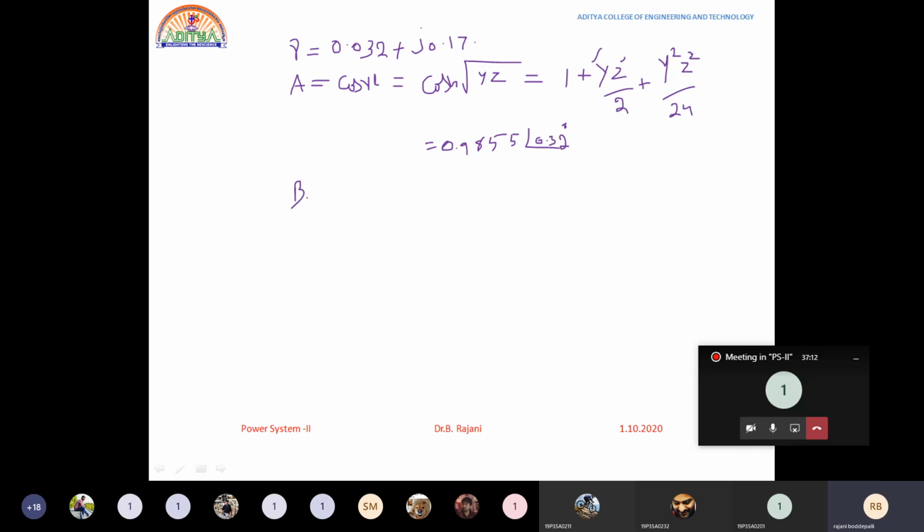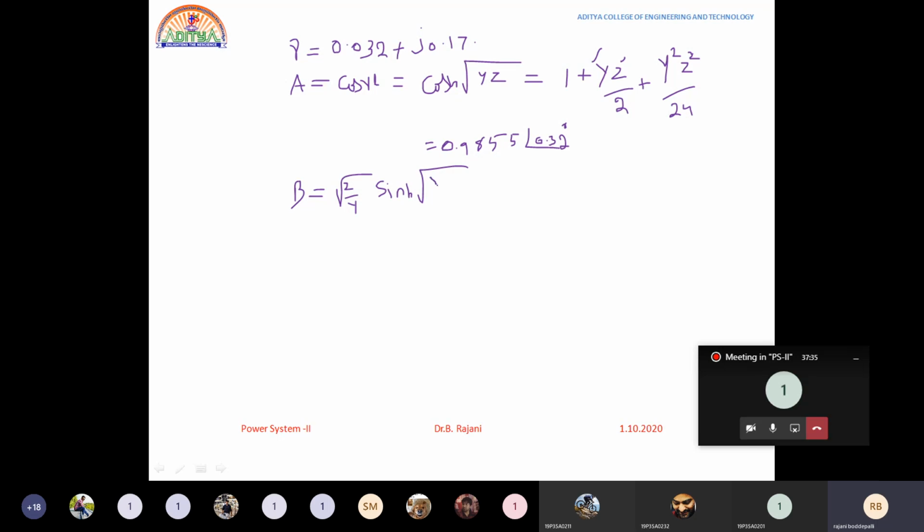Now B is equal to, what is B? B is equal to root over capital Z by Y, sine hyperbolic root over YZ.